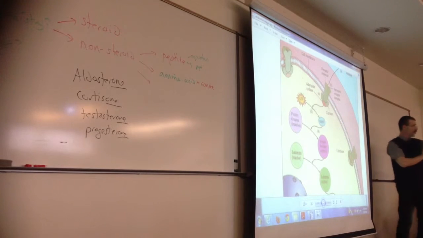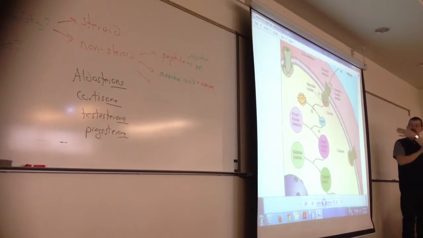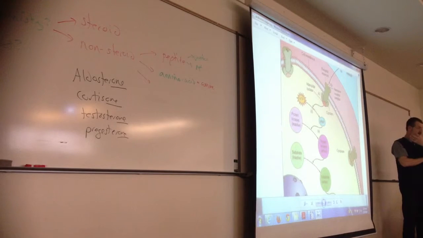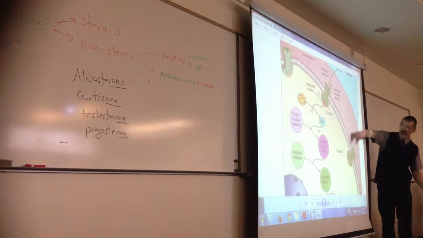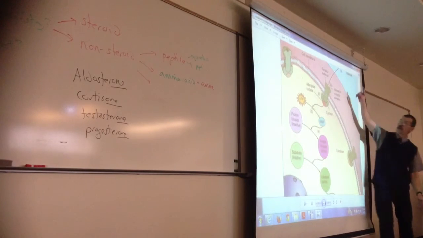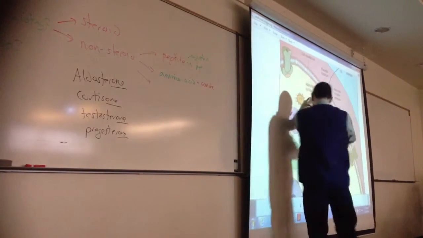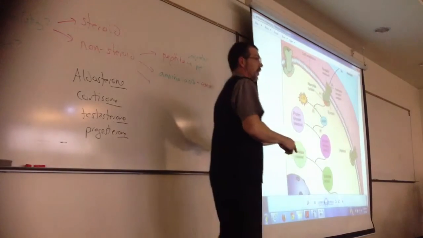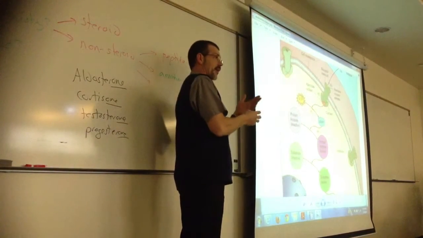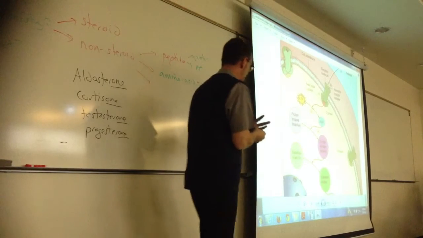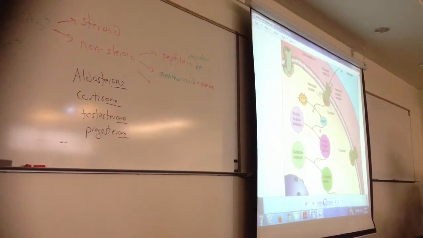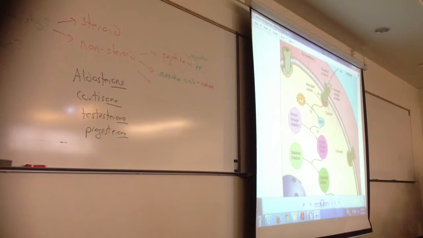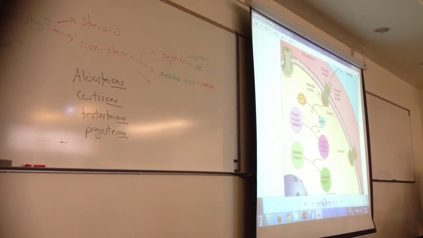Because it's hydrophilic. It can't go through the fat. It's water-based, so if I'm made of water, I can't go through the fat. Therefore, I have to bind to a receptor, and that receptor talks to the nucleus. That's called an indirect pathway, or a secondary pathway. So the difference between steroids and non-steroids is steroids can go into my nucleus, non-steroids cannot. And thus you need a receptor.